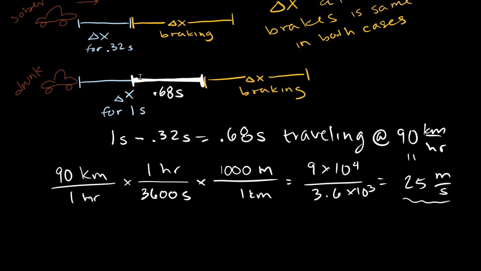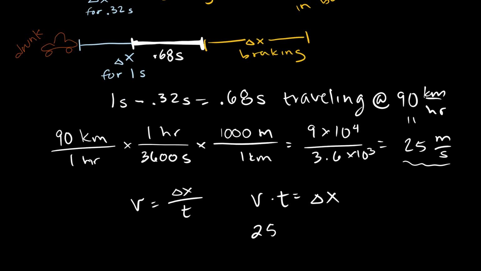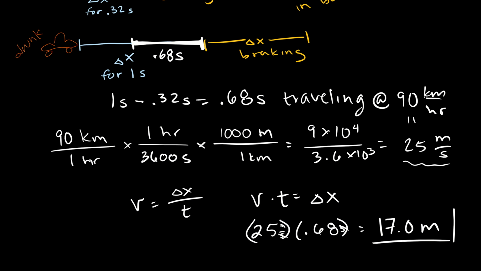We know that velocity is displacement over time, so v times t will give us the displacement. All we need to do for this problem is take 25 times 0.68 seconds. The meters per second and the seconds cancel out, and we're left with just meters. So we get 17.0 meters as our answer.